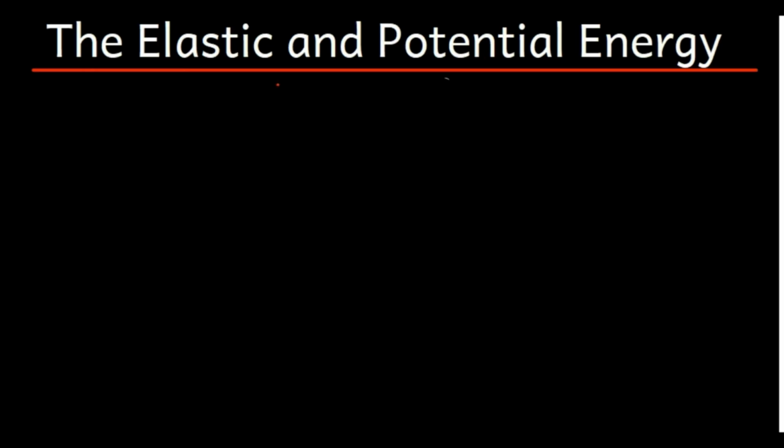But we are not going to consider the gravitational potential energy, meaning we're going to have two types of energy: the elastic potential energy and the kinetic energy. So the mechanical energy is going to be equal to the elastic potential energy plus the kinetic energy.